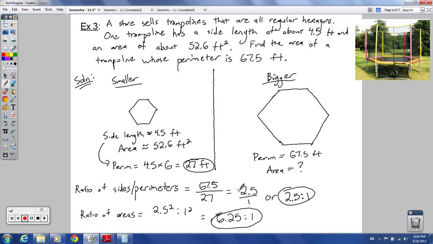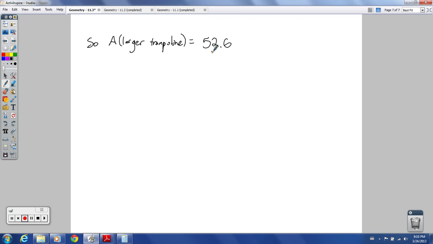And since it's in this 6.25 to 1 ratio, it's just 6.25 times bigger than the smaller one, we can simply multiply this by 6.25 to get our answer. This would be approximately 328.8 feet squared would be the area of that one.